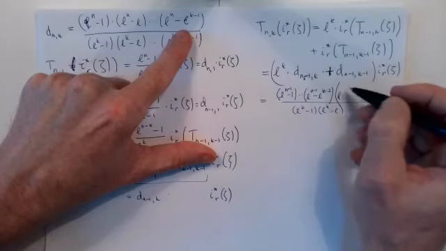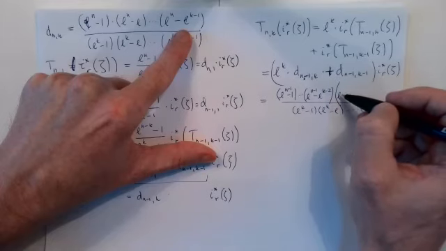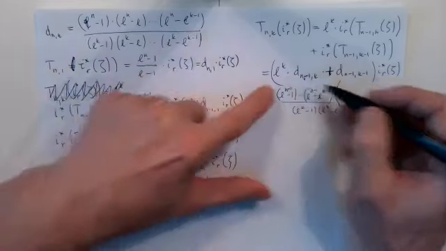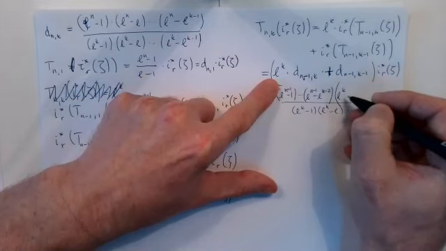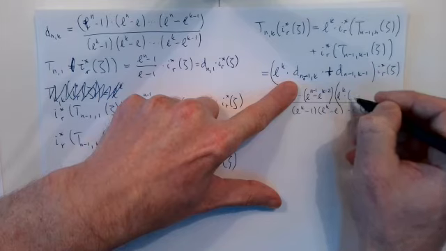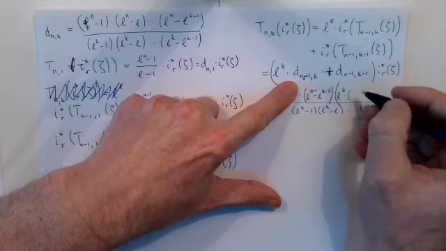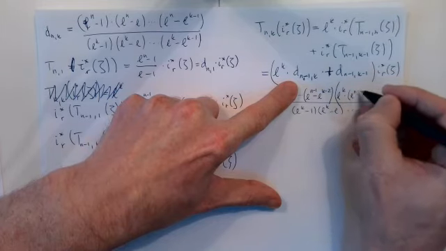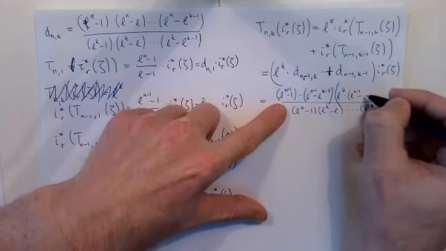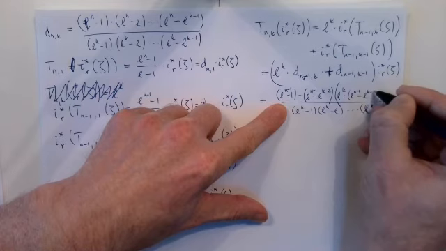And on this side we have L^k times (L^{n-k} minus 1).